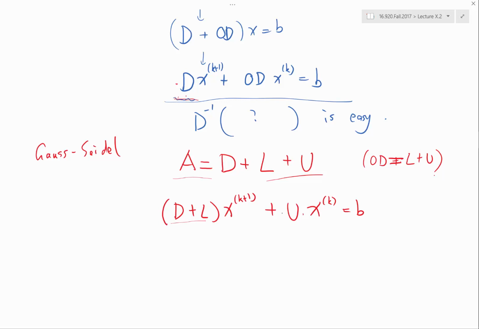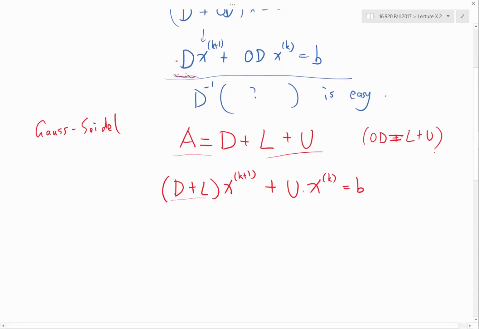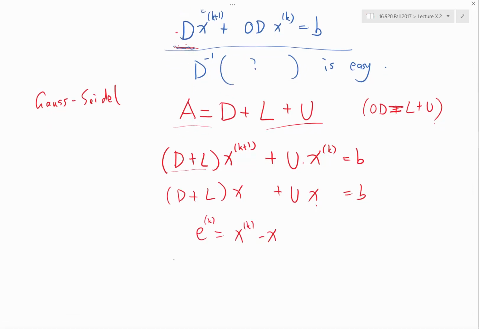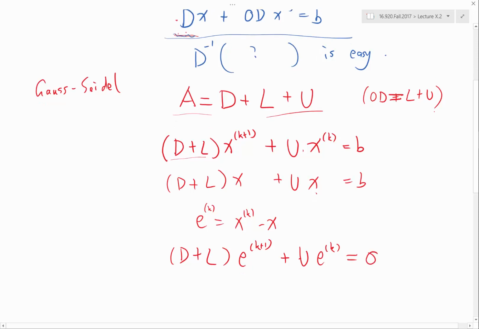So this is Gauss-Seidel. And if you want to analyze the convergence of Gauss-Seidel, you simply do the same thing as we did in Jacobi. We split the matrix, and if we have the exact solution X, we can write it like that. And we define e^k equal to x^k minus the exact solution X, and we get the iteration of the error. So (L plus D) times e^(k+1) plus U times e^k is equal to 0 because the B subtracts out.